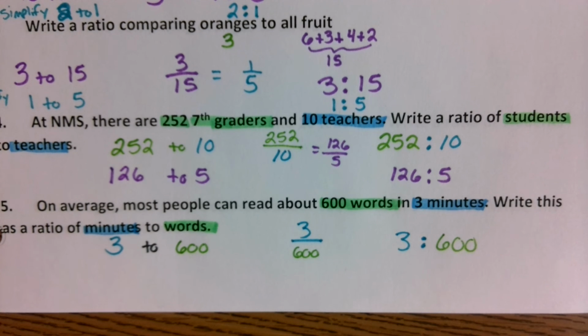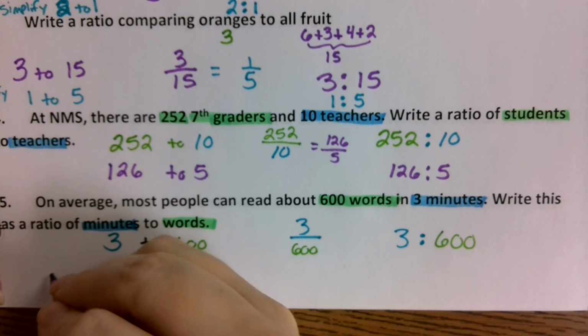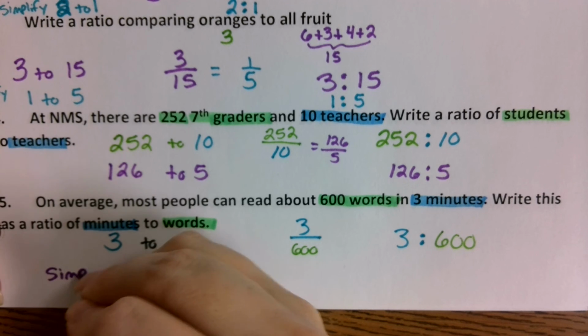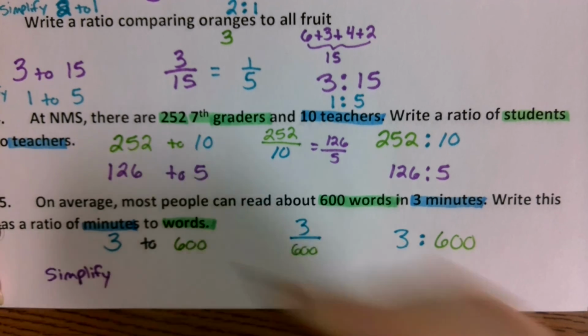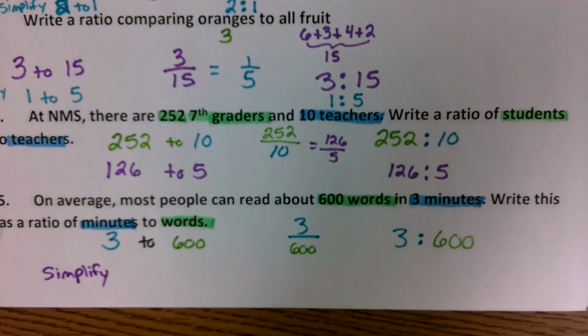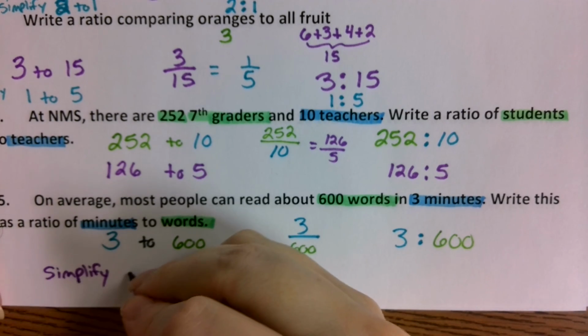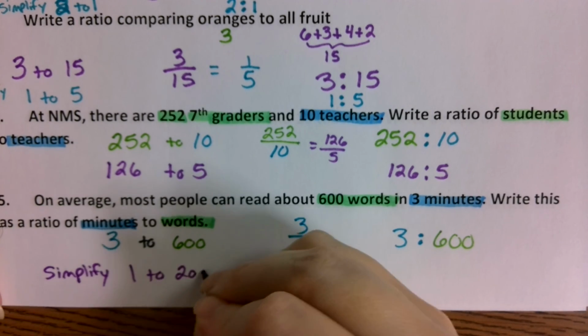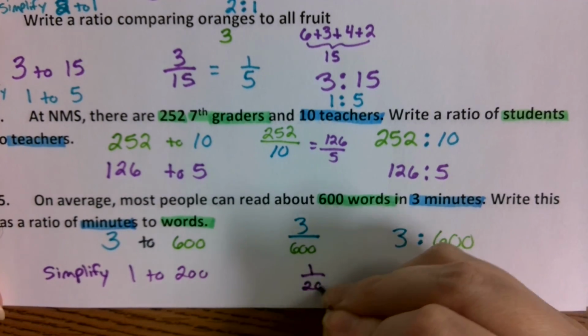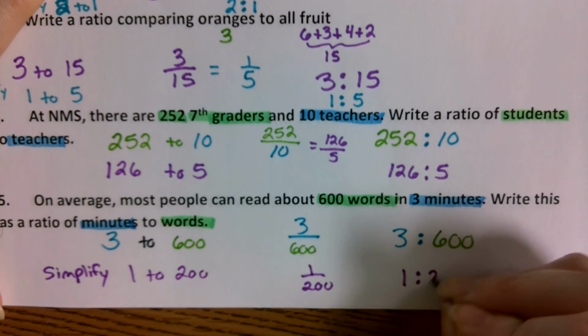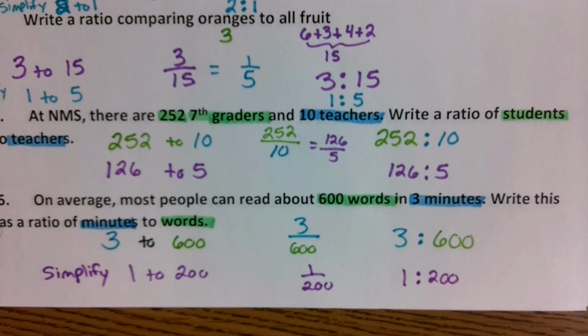It can be simplified though. Who can tell me what it is going to look like when it's simplified? 1 to 200. Good. 1 to 200, 1 over 200, 1 colon 200. You want to make sure you simplify your answers.